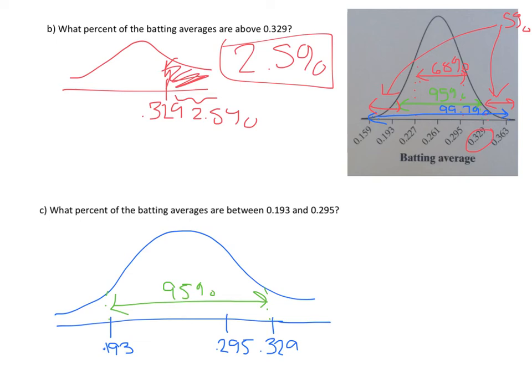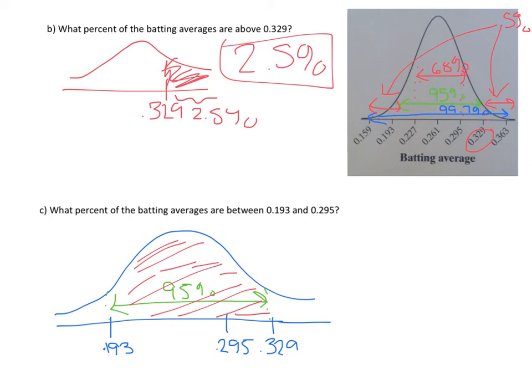By the way, just a side note, to make a clarification in case you weren't sure, the 95% or 0.95 is the whole entire shaded area of this part. So that tells us that 95% of batting averages are between 0.193 and 0.329.